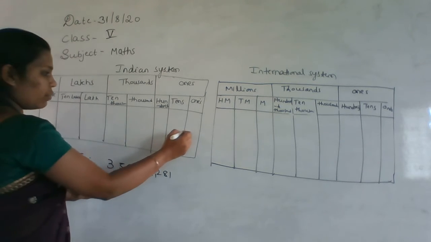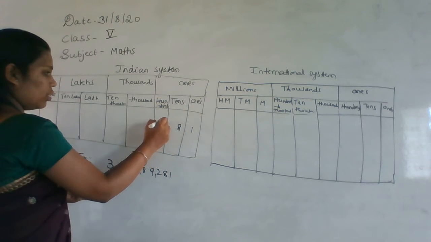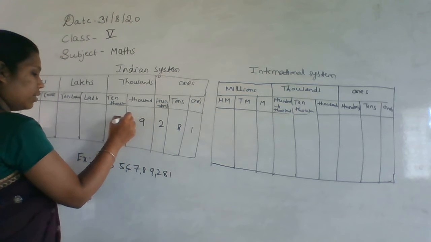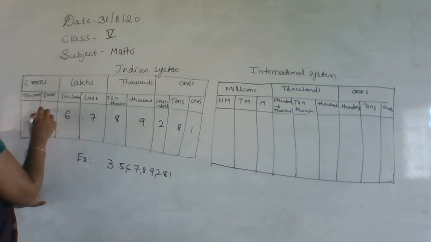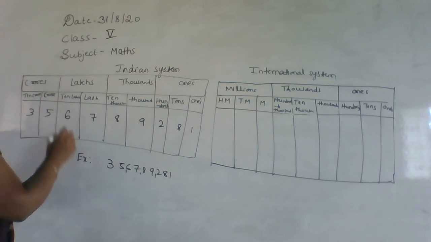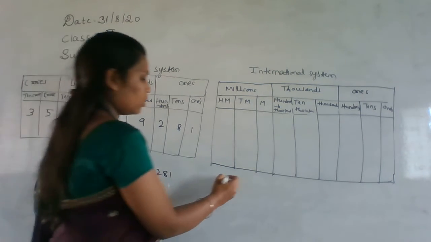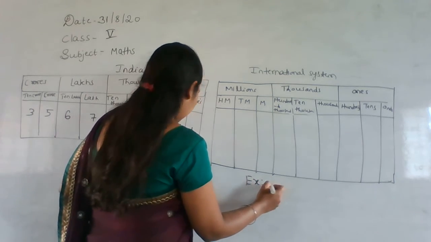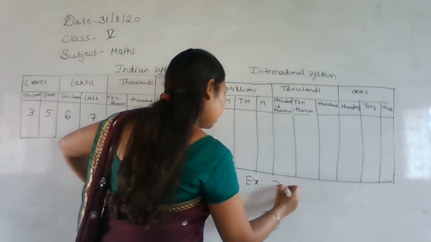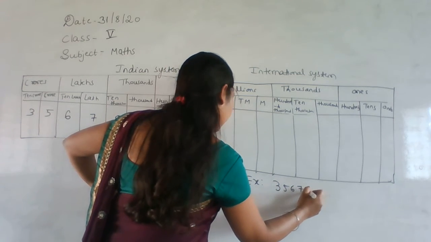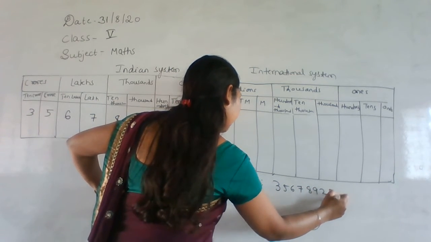According to the Indian system, we can write it like this: 2 and here 9 and 8, here 7 and here 6, next 5, 3. Then here is the international system. Same number I am taking: 3, 5, 6, 7, 8, 9, 2, 8, 1.